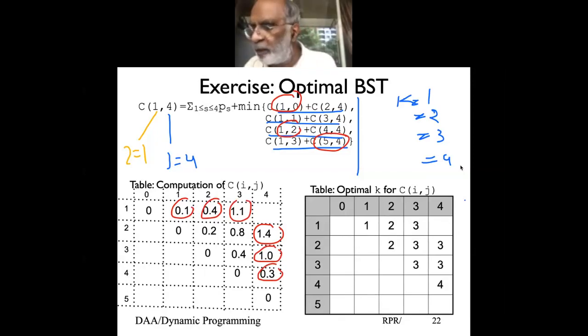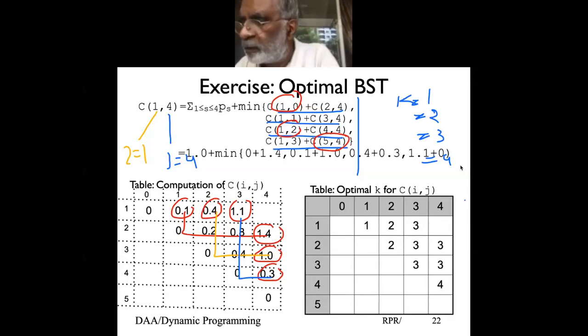So essentially we are finding a min of this and this, this and this, and this and this. So let me maybe take a different color coding. We are finding min of this and this, min of this and this, min of this and this.